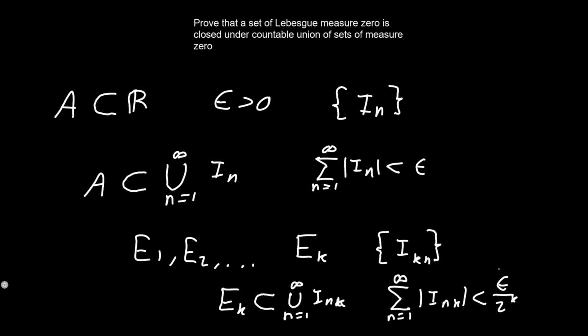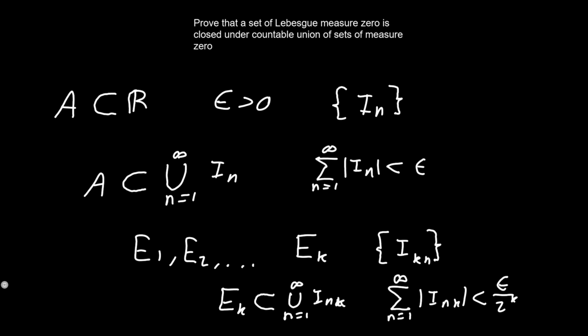As you see, I'm choosing epsilon over 2 to the k as a bound for the covering of E_k. Of course, this is inspired by Zeno's paradox. Even if there are infinitely many sets, if each one uses up a fraction of epsilon over 2 to the k, our total epsilon is going to be the sum of all these fractions, which converges to a finite number.